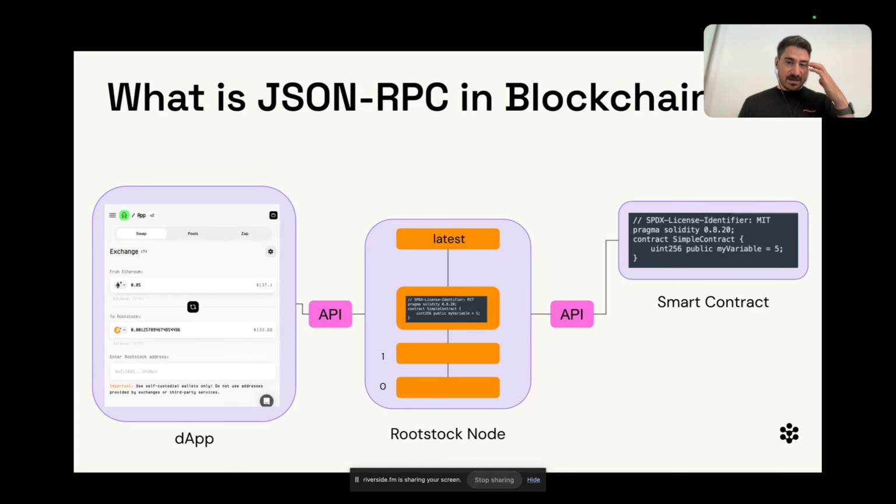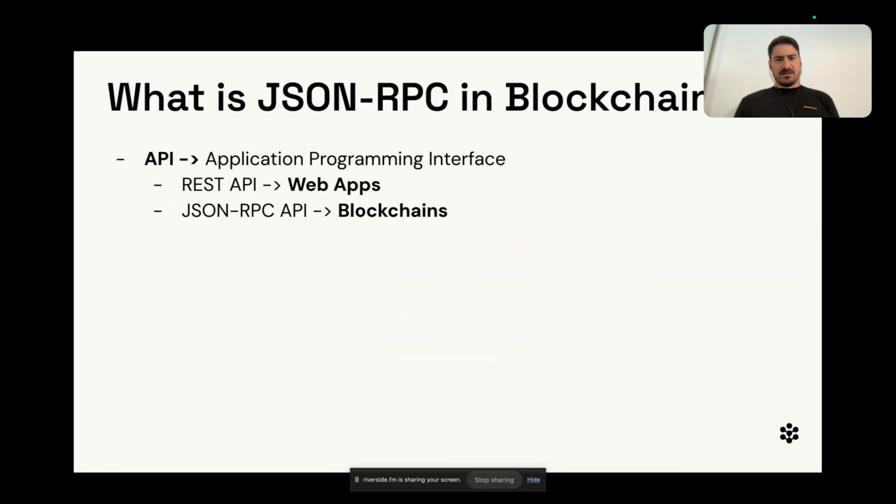So we have the API, and this we can see as a full stack structure that has a smart contract and some kind of interface or front end in which the users can interact with it. So we see that an API of a Rootstock node is essential, so the contract and the users can be deployed and used. But what is JSON-RPC?